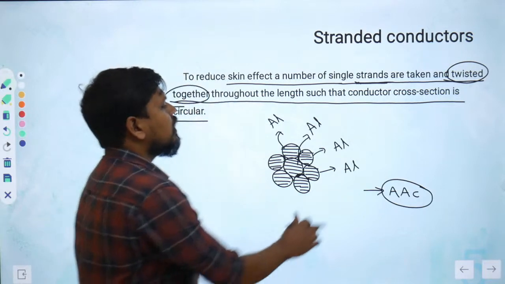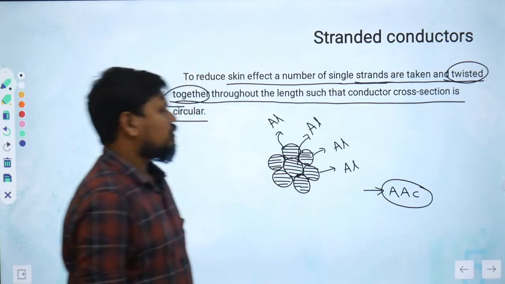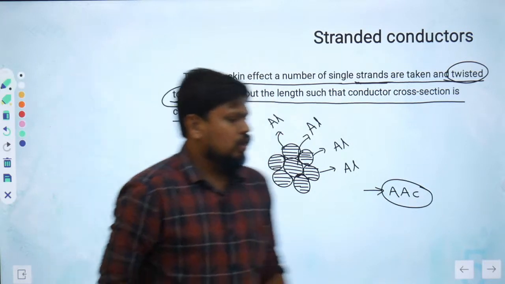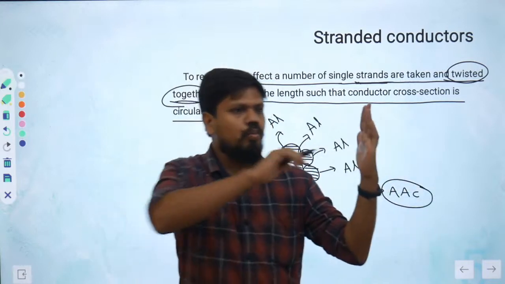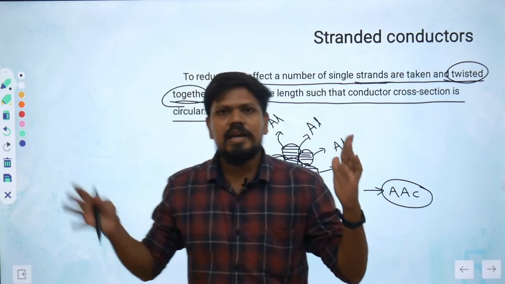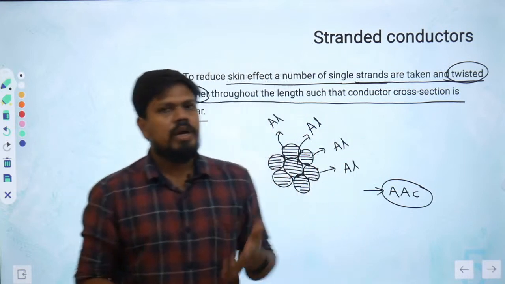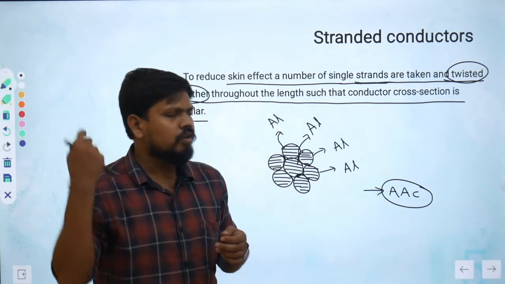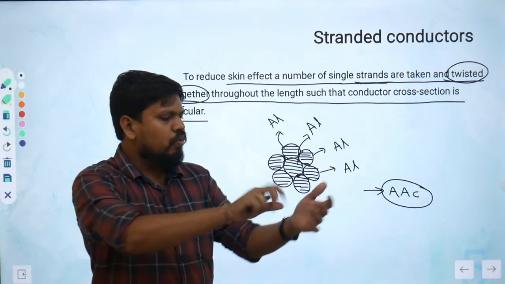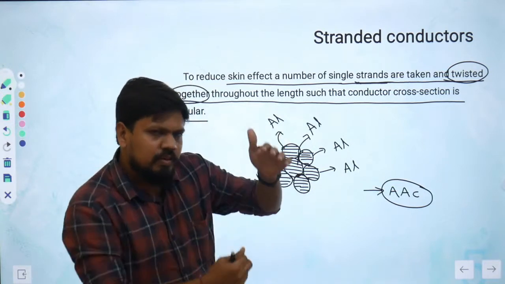Anyway, with all aluminum standard conductors, whenever you twist them between two poles, the length, whatever material we are using, is not sufficient. You may understand, your sisters or mother have a long jada, right? Whenever they braid it, the length decreases.